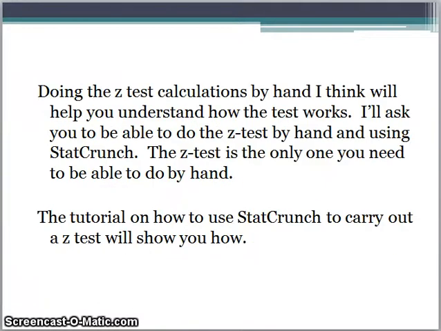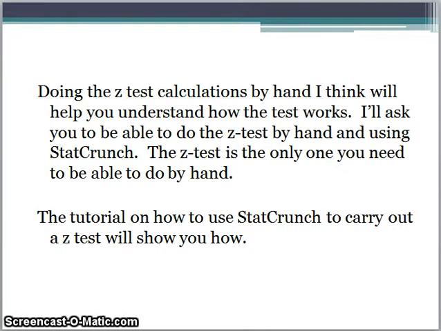All right, I think doing the z-test calculations by hand will help you understand how it works. So I want you to be able to do the z-test by hand as well as using StatCrunch. The z-test, I'm not going to ask you to do any other hypothesis tests by hand except for the z-test. You can see in StatCrunch how to carry out a z-test.